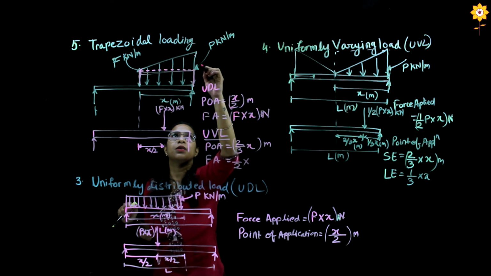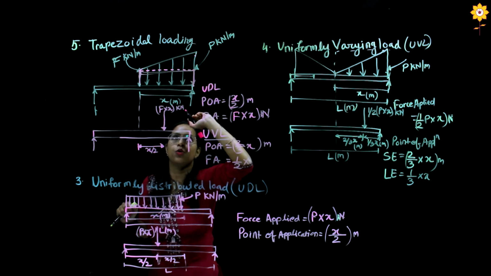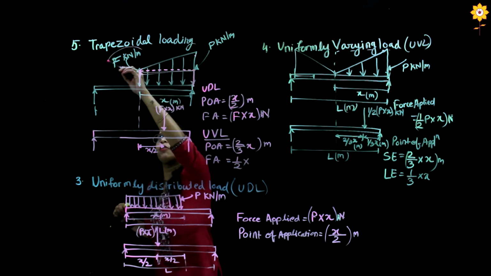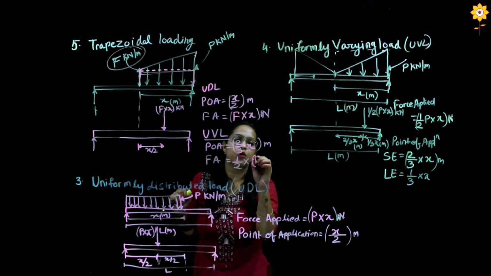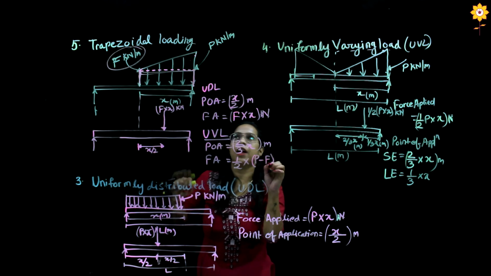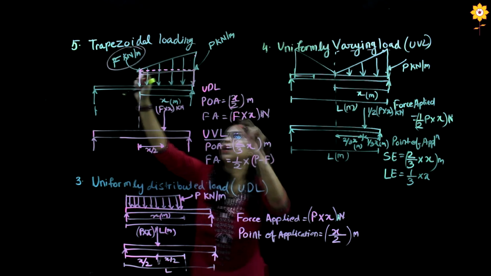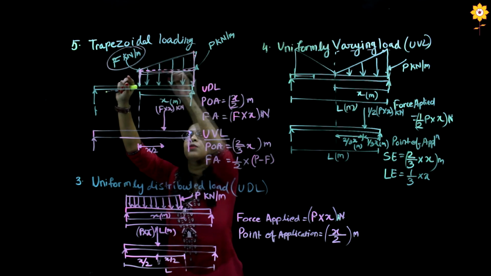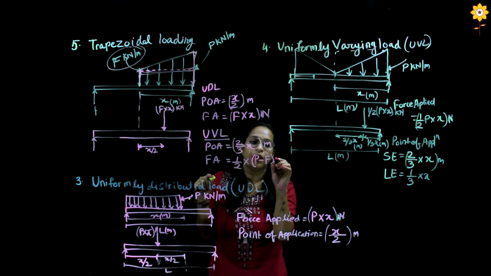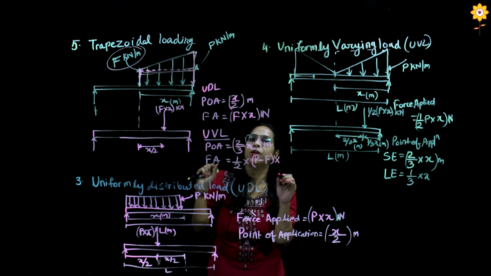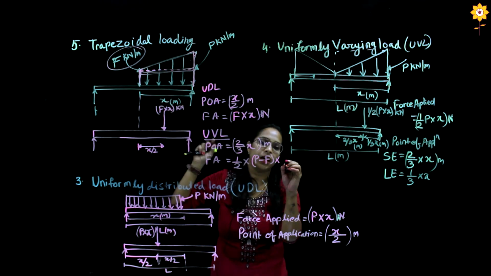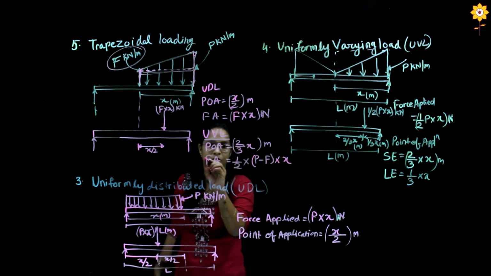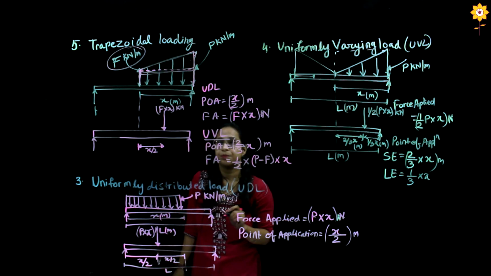The force which is shared by both types of loading, we should subtract, as we have already used it for solving the UDL. So this force becomes P minus F, as we have already solved this much part and now we only have to solve this part. That is the load into the distance over which the force is placed, and that distance is the same, x.